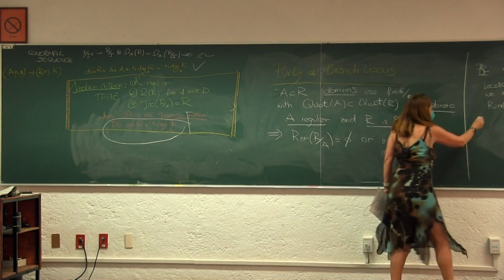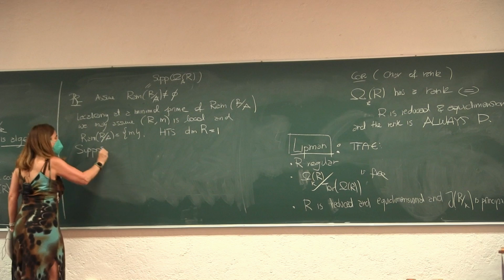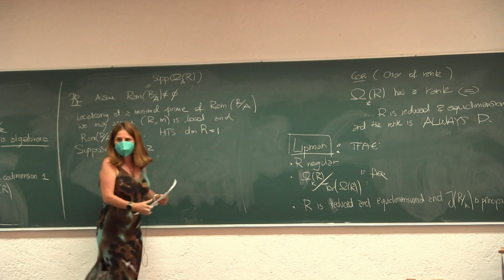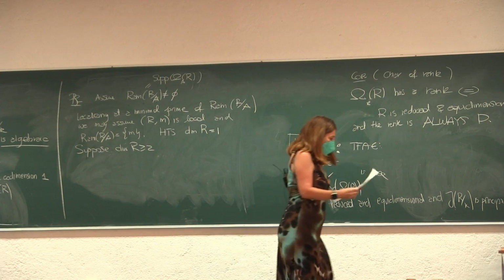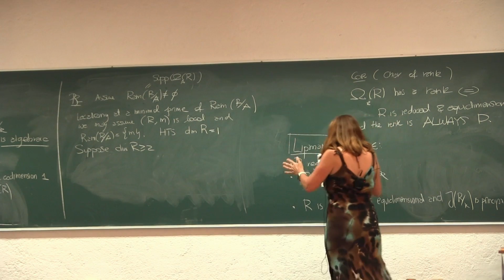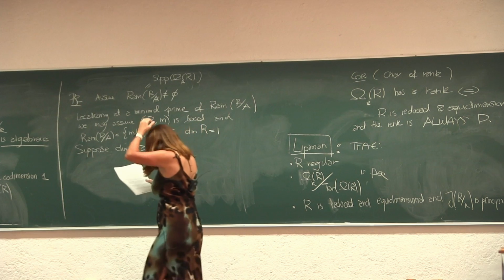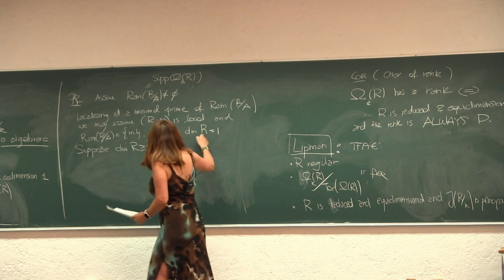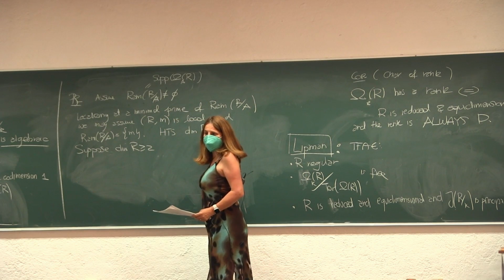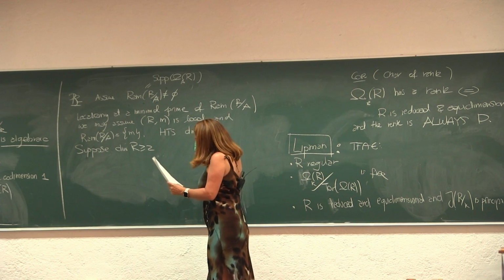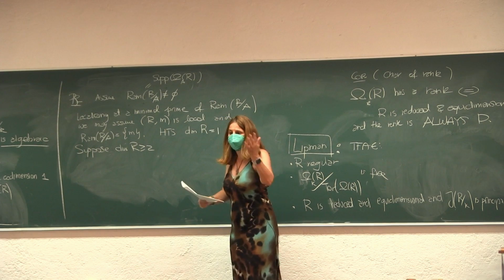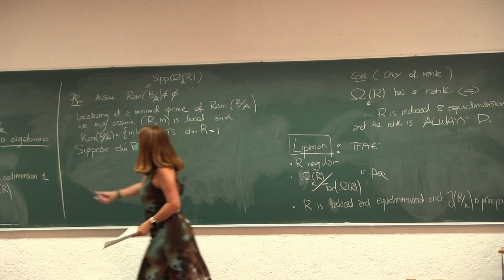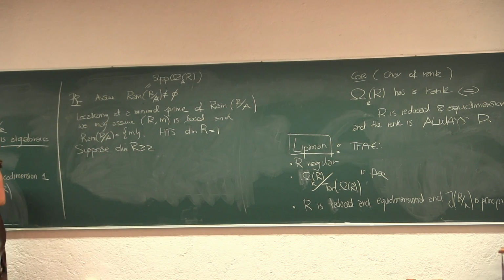Suppose it's not true. We get a contradiction. So we suppose the dimension is not 1 and then we get a contradiction. It's clear that the dimension of R cannot be 0, because if the dimension was 0, remember, these are domains, then they would be fields.